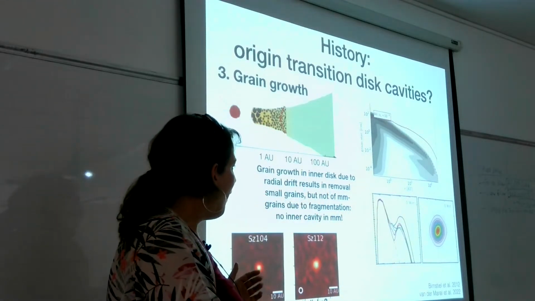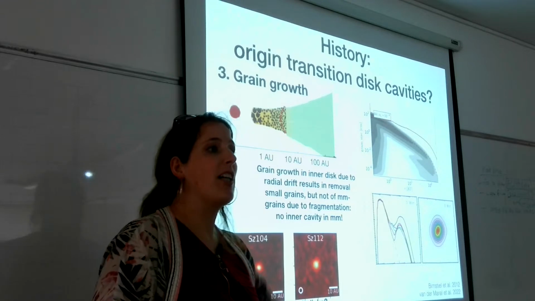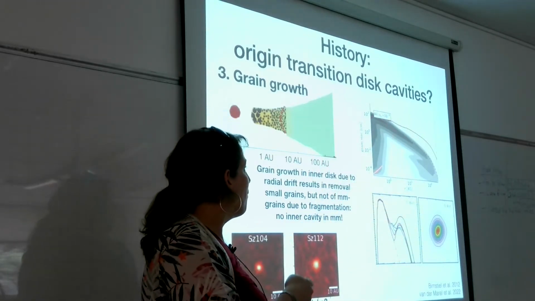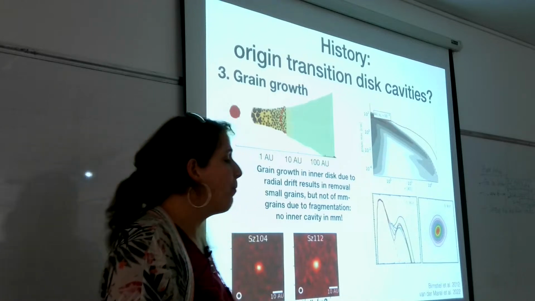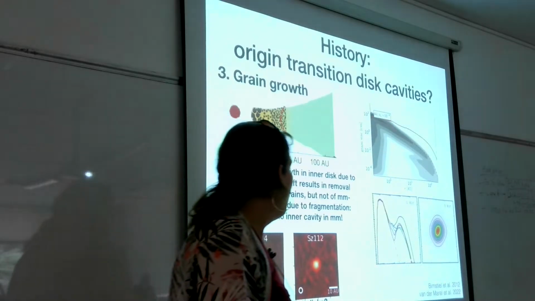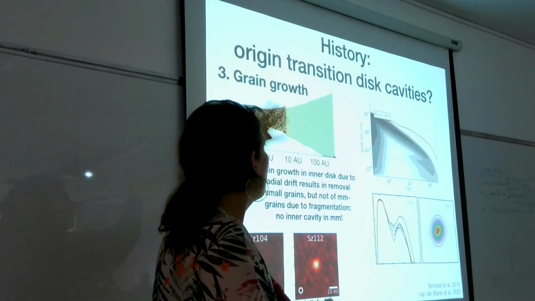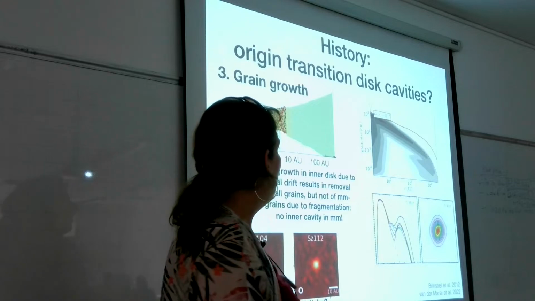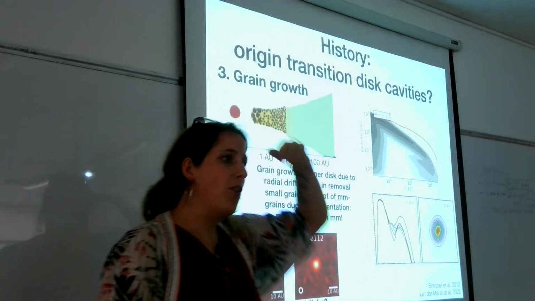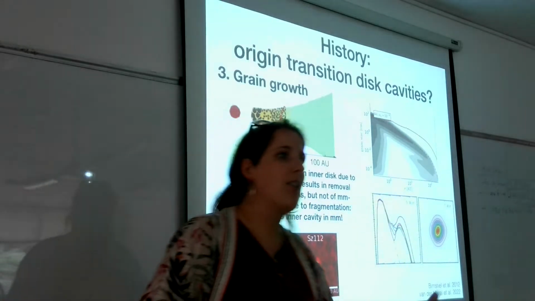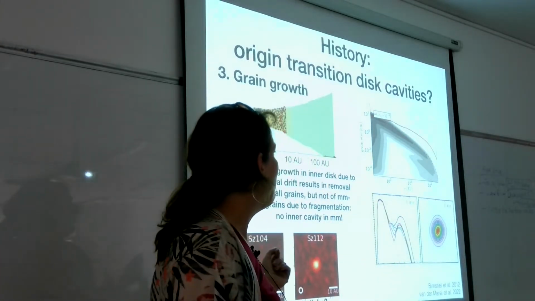So you get a dip in your SED simply because there are only large grains in the inner part of the disk. This was proven to be true with dust evolution models by van der Marel et al. But they also showed that you cannot actually grow further than millimeter sizes. Essentially, even if you grow to boulders or planetesimals, you would still grind down to some level to millimeter particles.